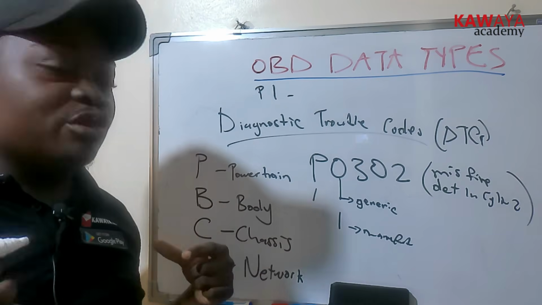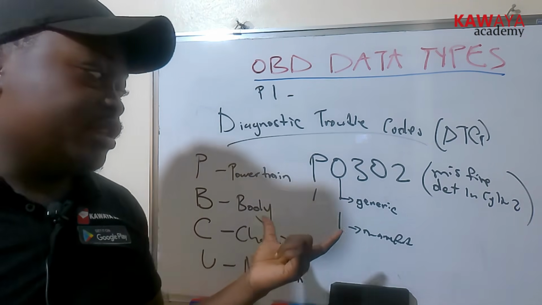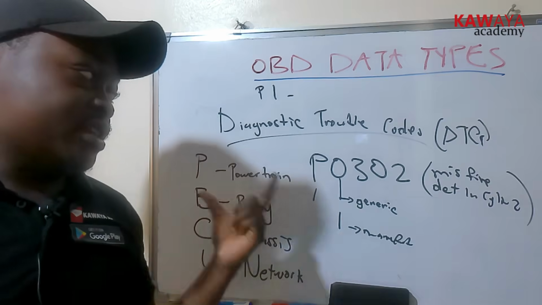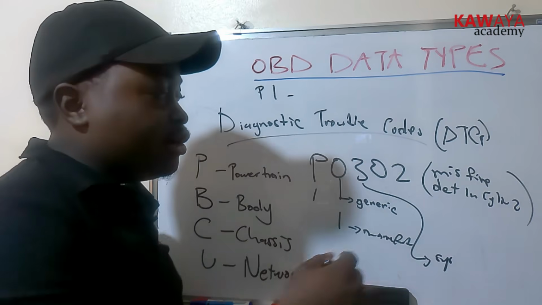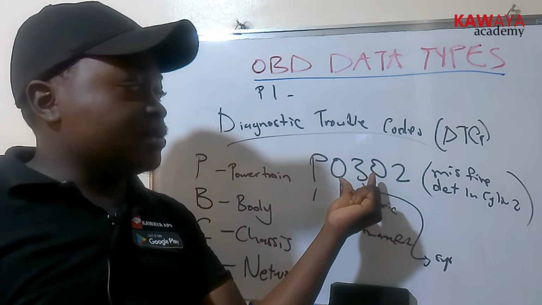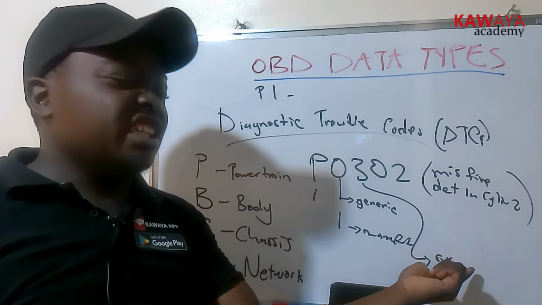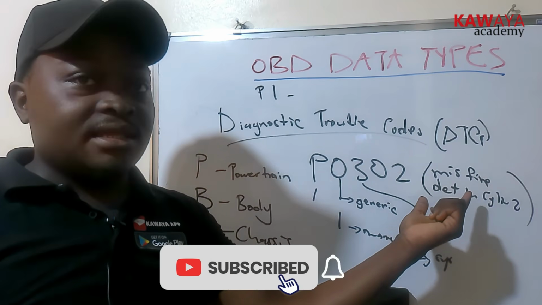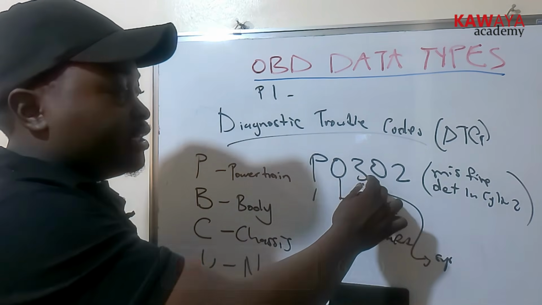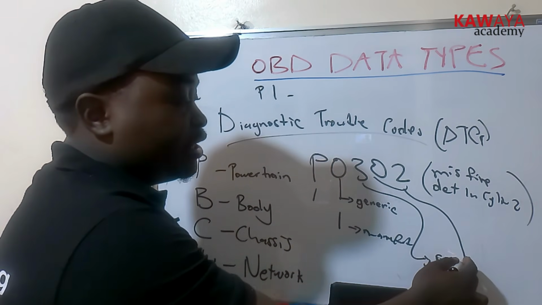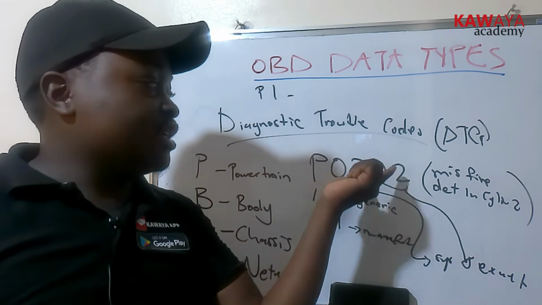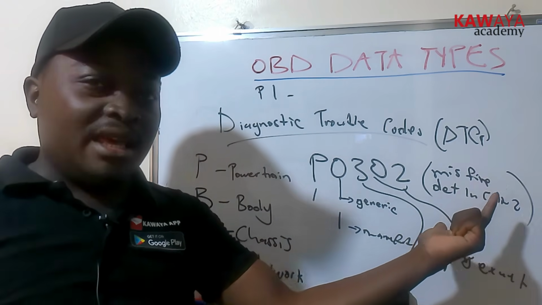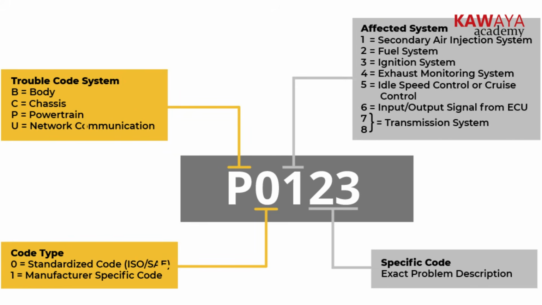So if you see any code like P1 something, then you're dealing with the manufacturer's code, Toyota, Benz, and so on. Then the third digit here is the system that you're diagnosing. For example, for this very code, 3 is representing the ignition system, where we are detecting these misfires. And then the last 2 digits point out the exact issue or exact location. For example, here 02 is telling us that the misfire is detected in cylinder 2. So this is the basic structure of a code.